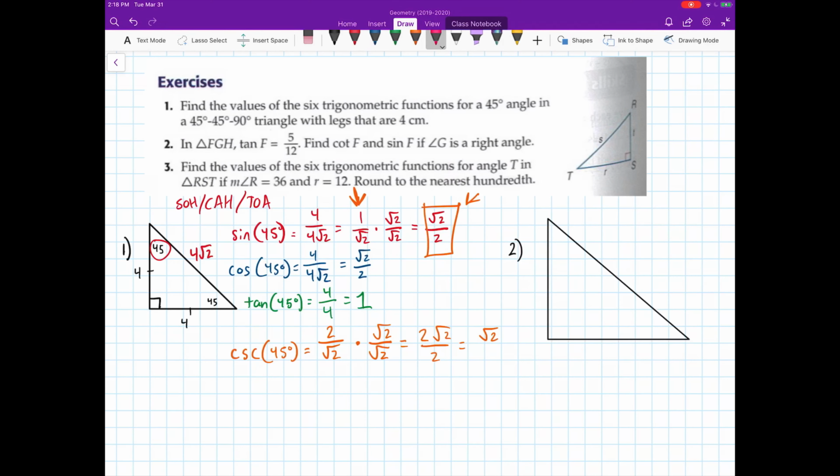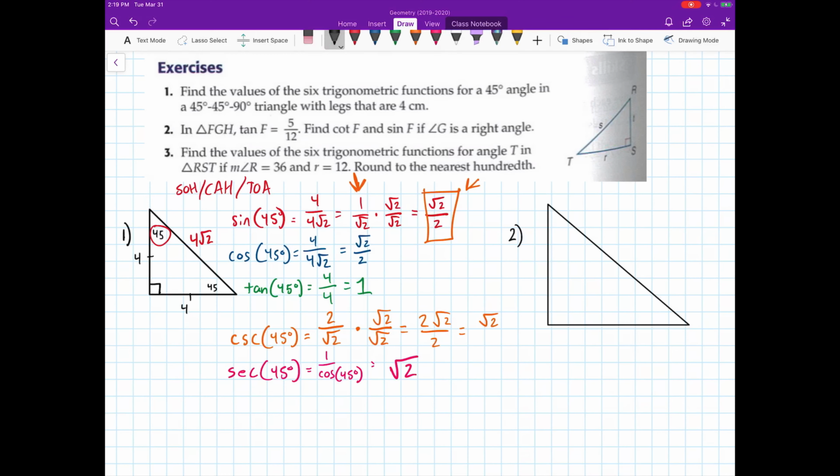All right, next we have the secant, which is SEC of 45 degrees, and that's the reciprocal of cosine of 45 degrees. So again, we just flip the cosine, but we already did that when we flipped sine because this is an isosceles triangle. So we already know this answer is just root 2.